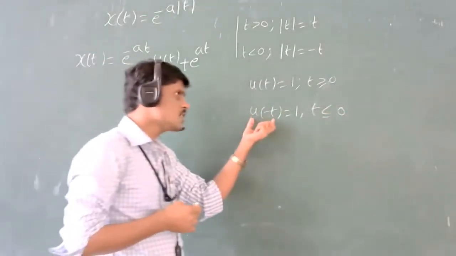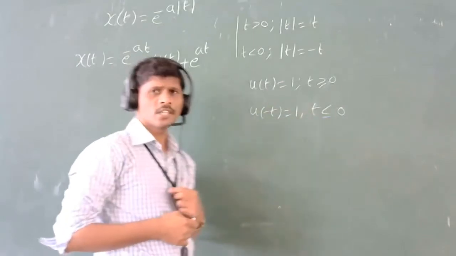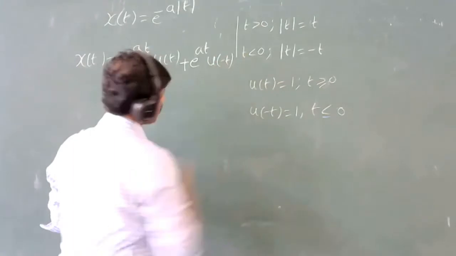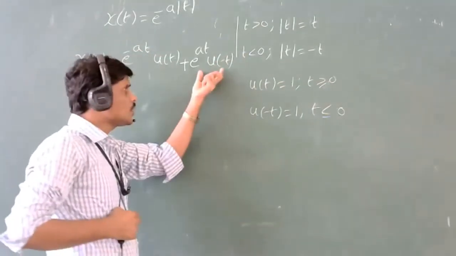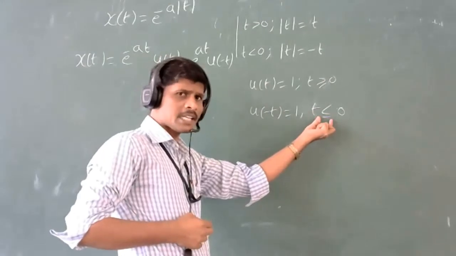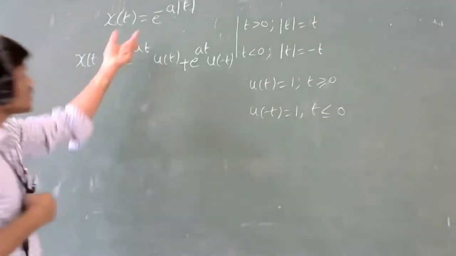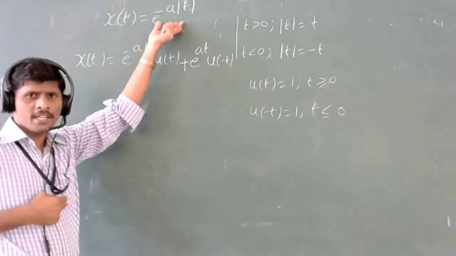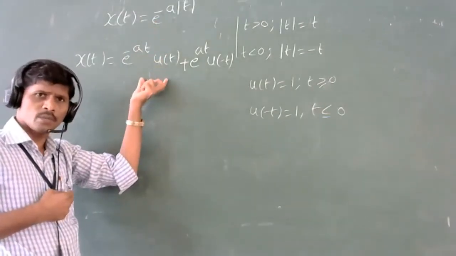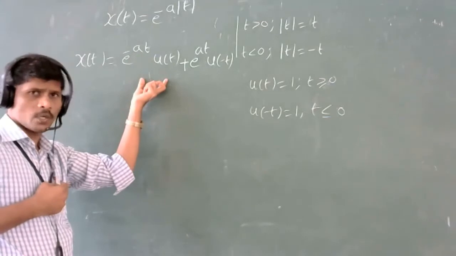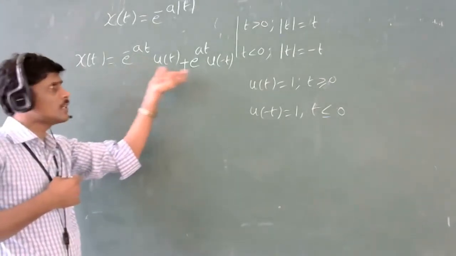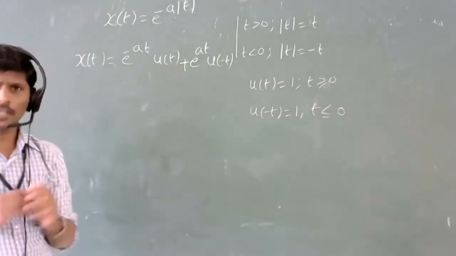So this equation e power minus a magnitude of t may also be written as e power minus at into u of t plus e power at into u of minus t.